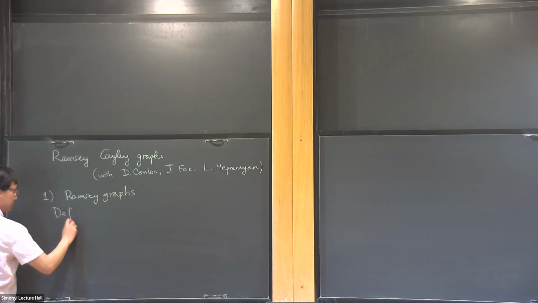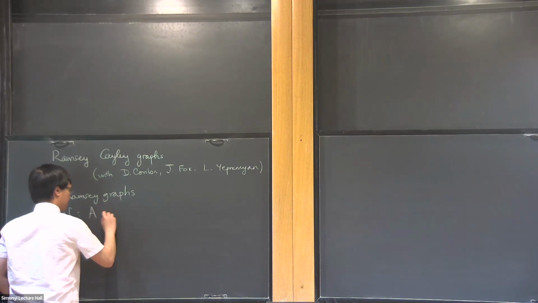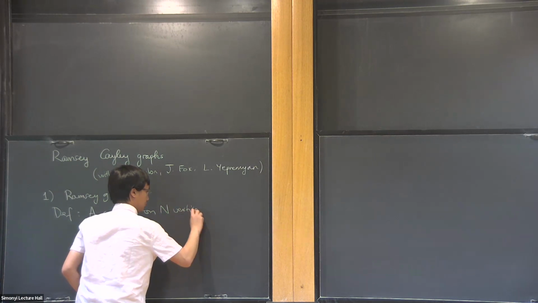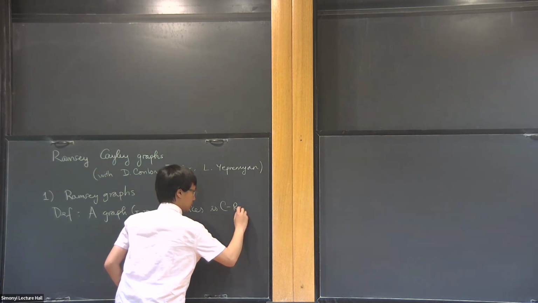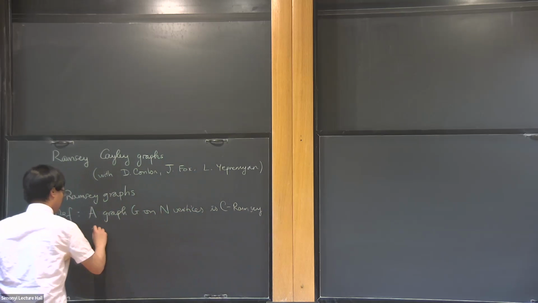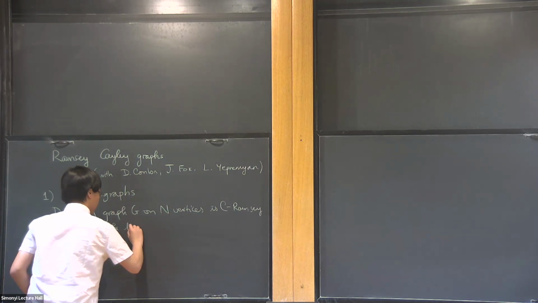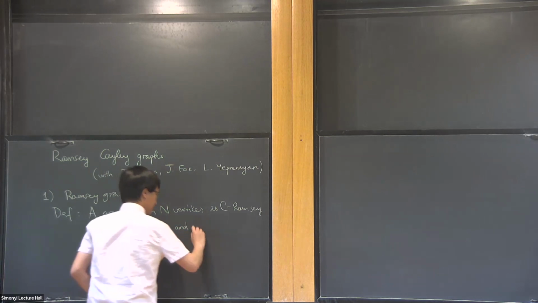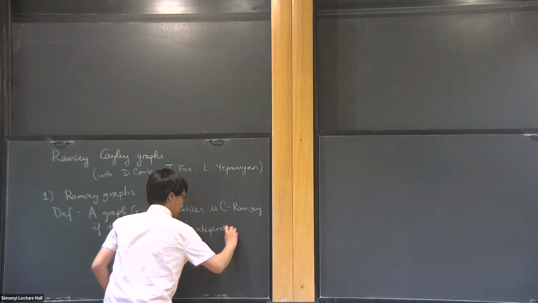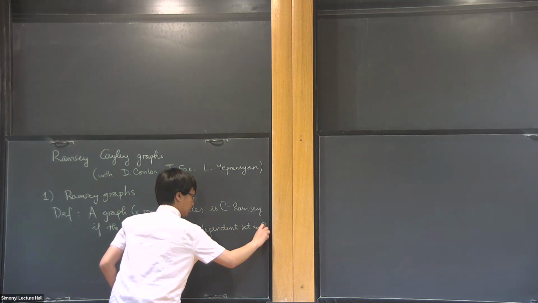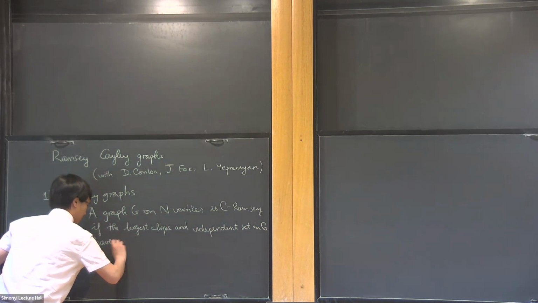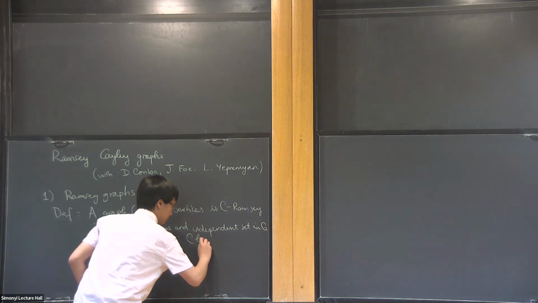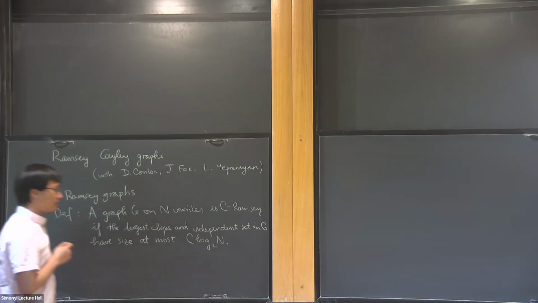So for us today, we'll say that a graph G on big N vertices is C Ramsey if the largest clique and the largest independent set in G have size at most C times log base 2 of the number of vertices n.